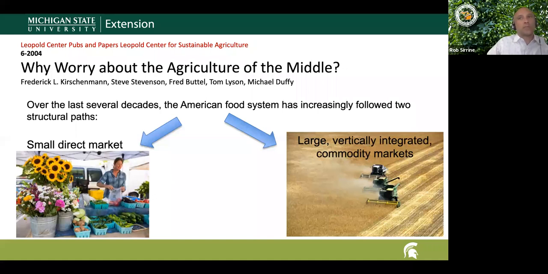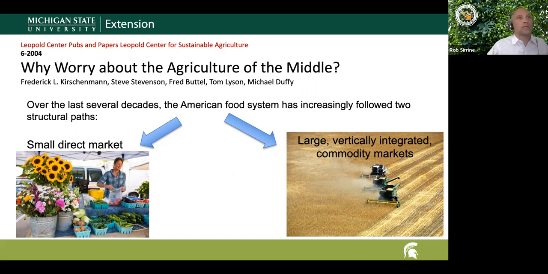And the farms in between the vertically integrated firms and the direct markets are the mid-sized farms, and they're really the most vulnerable, since they're too small to compete in the highly consolidated commodity market, and too large and commoditized to sell in the direct market.